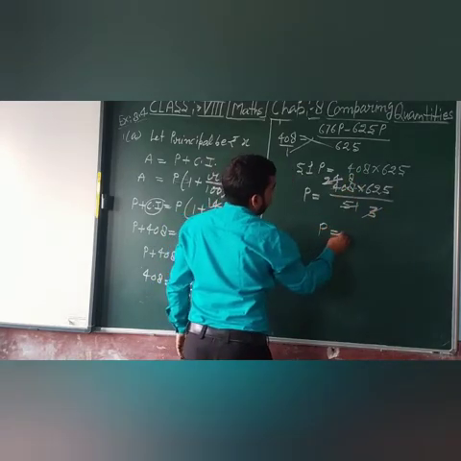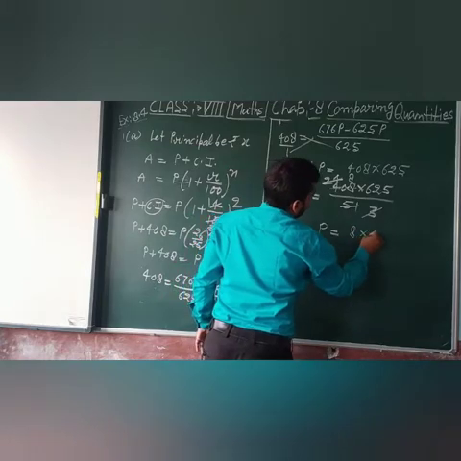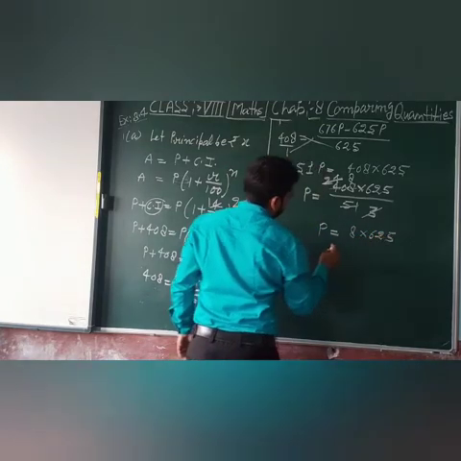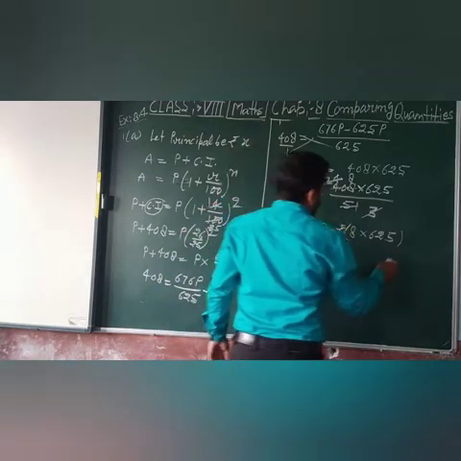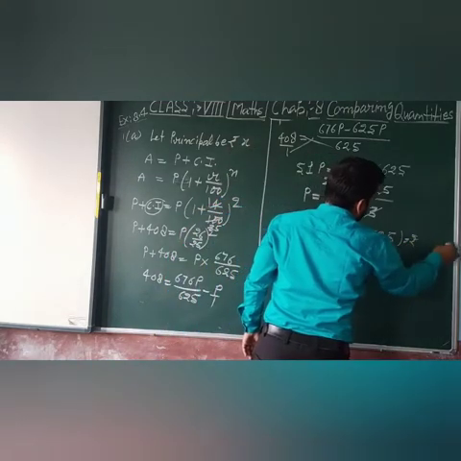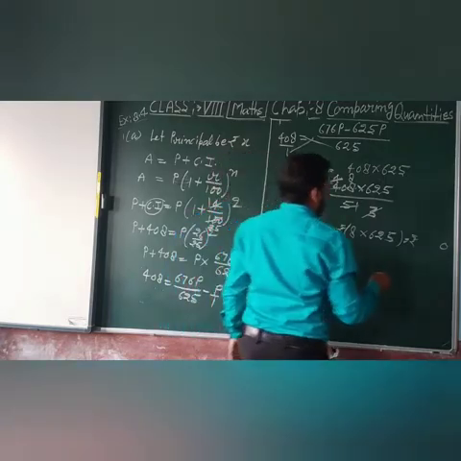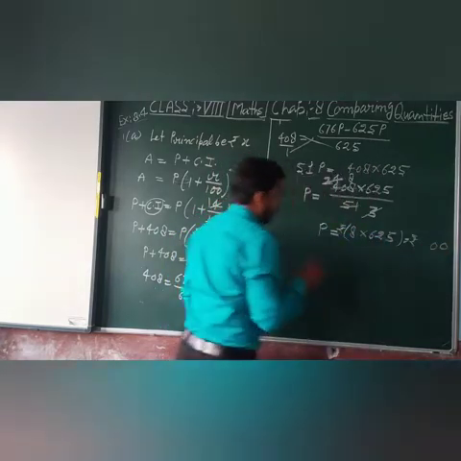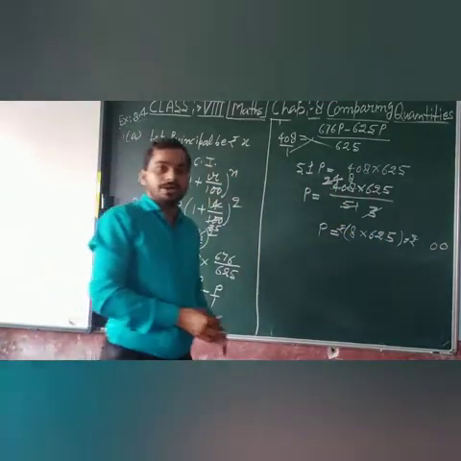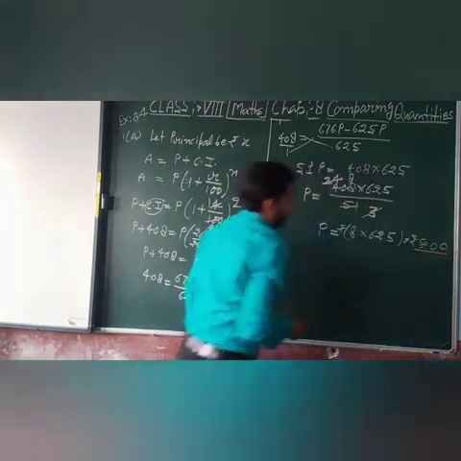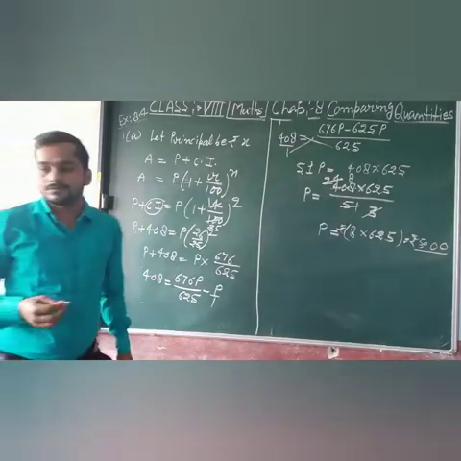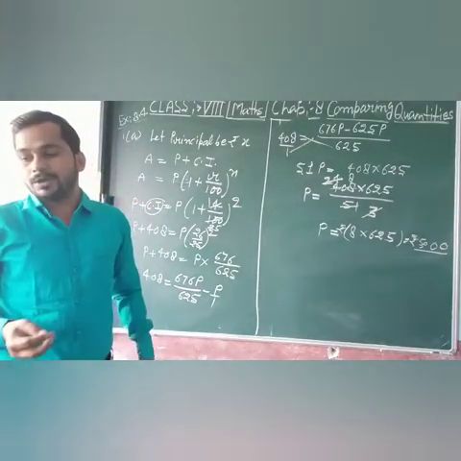So principal equals 8 into 625, and multiplying: 8 times 5 is 40, 8 times 2 is 16 plus 4 is 20, 8 times 6 is 48 plus 2 is 50. So principal equals 5000.